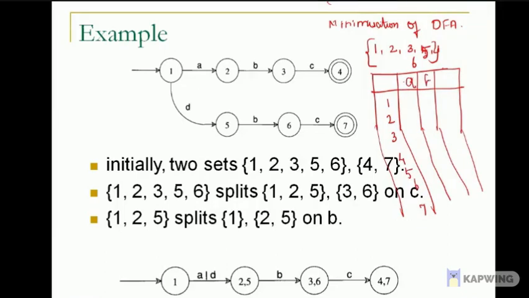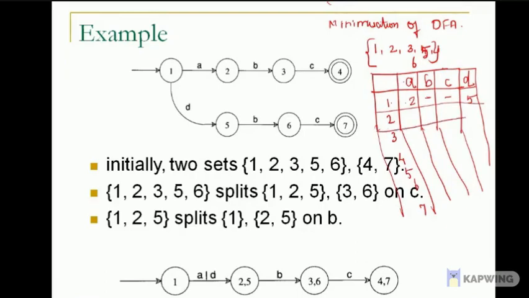Input symbols A, B, C. 1 on A, it is going to 2. 1 on B, no transition, no destination. 1 on C, no. Actually, we are having one more symbol, that is D. 1 on D, it is going to 5. So these are the transitions from state 1.